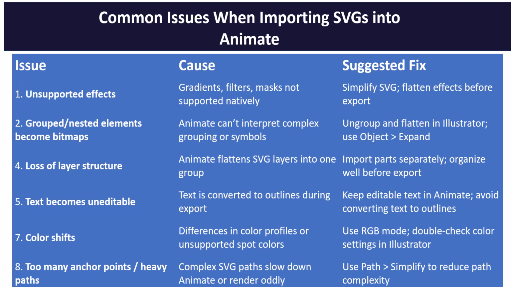Normally, when it comes to gradients and Animate doesn't accept it, what I would suggest you do is convert your SVG file into a transparent bitmap, then import it into Animate. Let me repeat that again. Before you import your SVG into Animate, if it has a gradient or a special filter, Animate may not accept it.